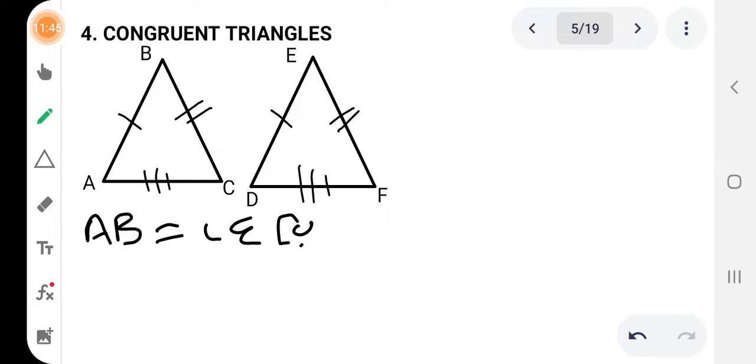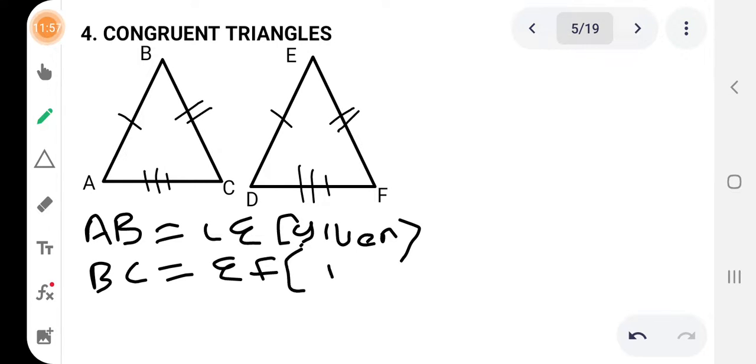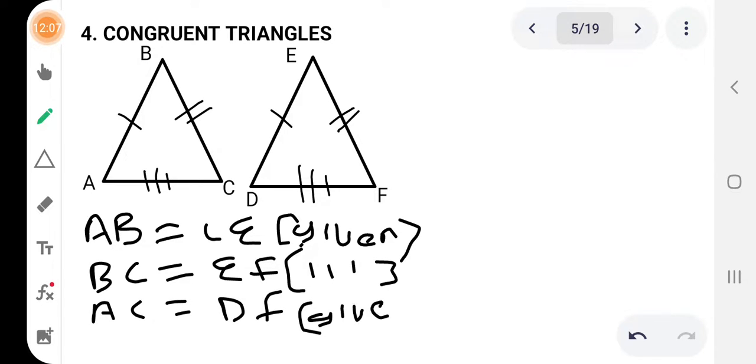Reason is given. We also know that BC is equal to EF. Your reason is also given. So also AC will be equal to DF. Your reason is also given.